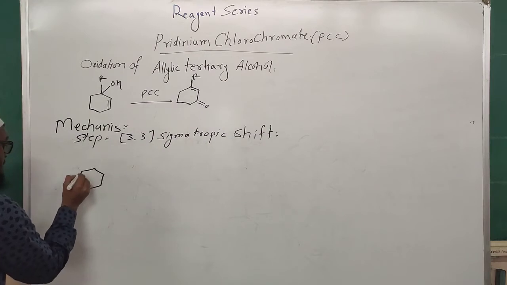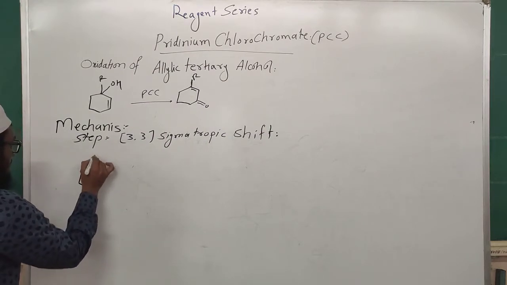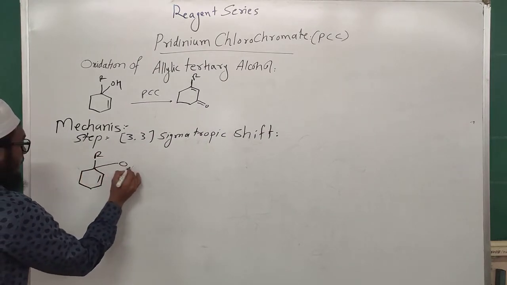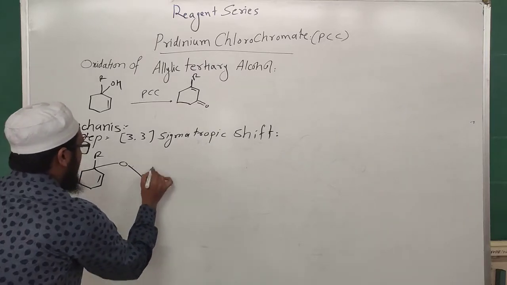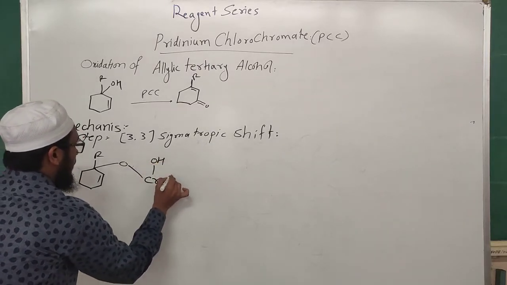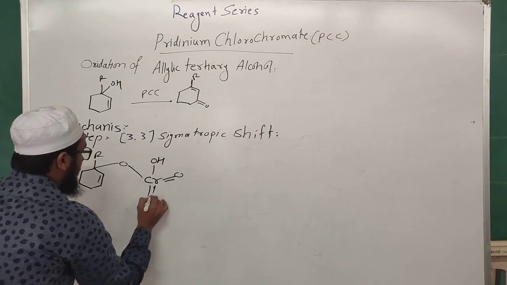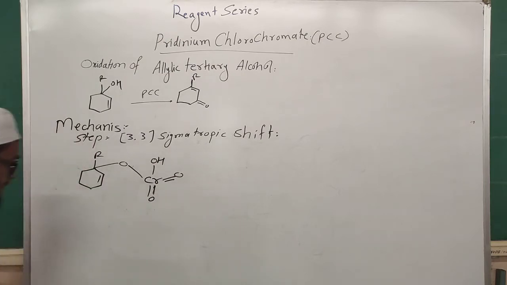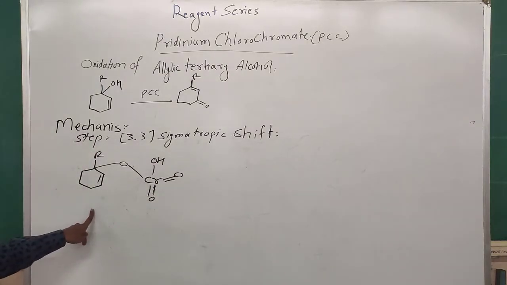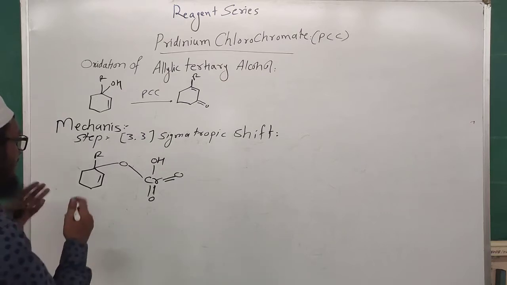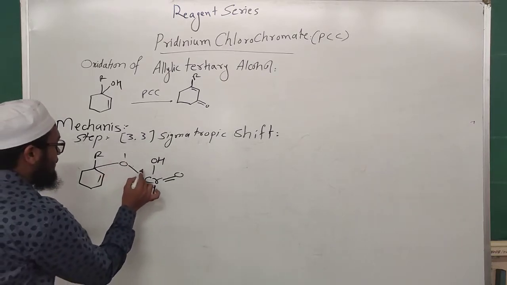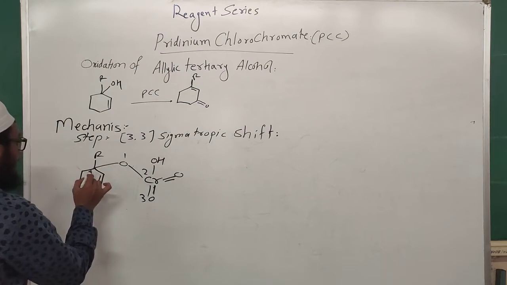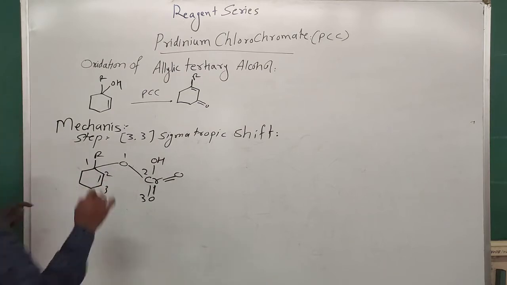This is my structure: chromium, single bond OH, double bond O. What is this, my dear brother and sister? It is a chromate ester. Now in the chromate ester, we have 1, 2, 3. Now look at here, 1, 2, 3.